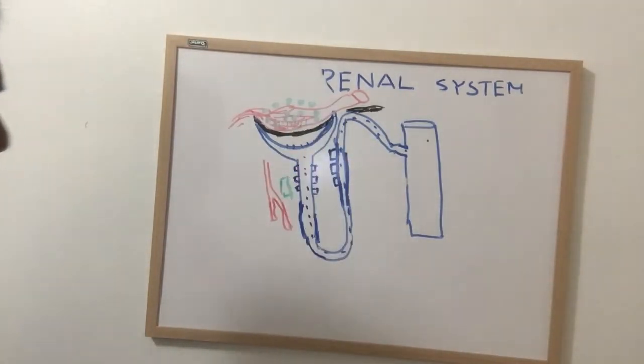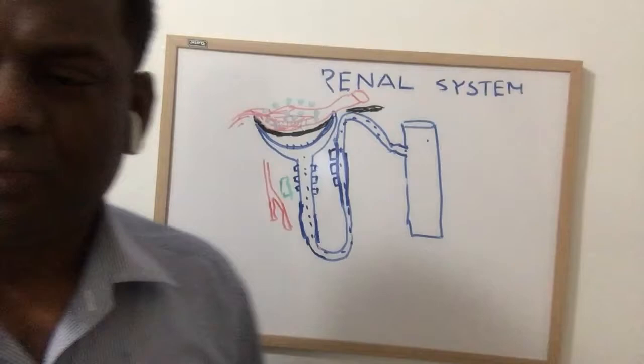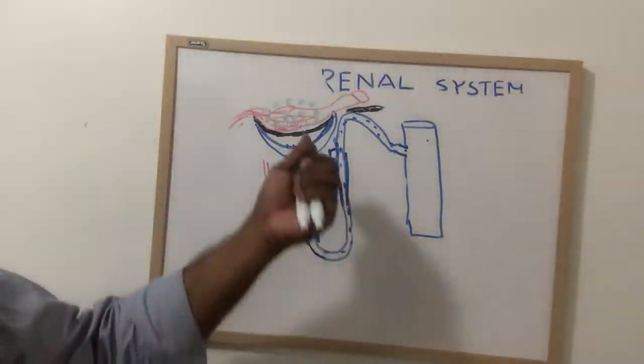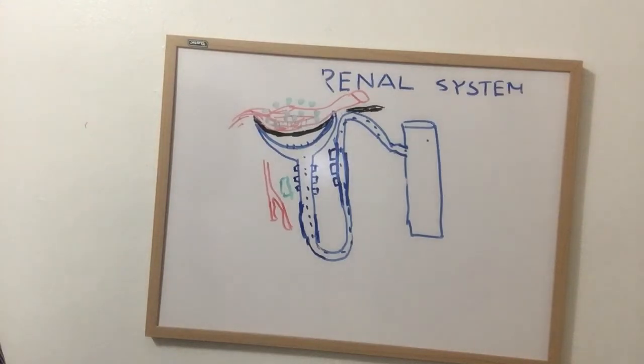20% of cardiac output comes into the kidney. So we have 5 liters of blood.